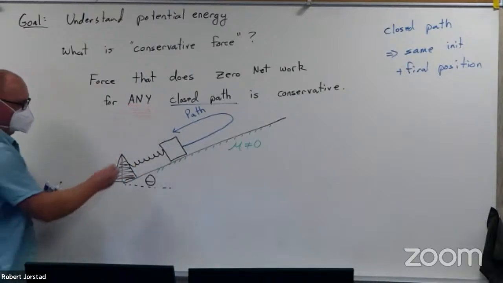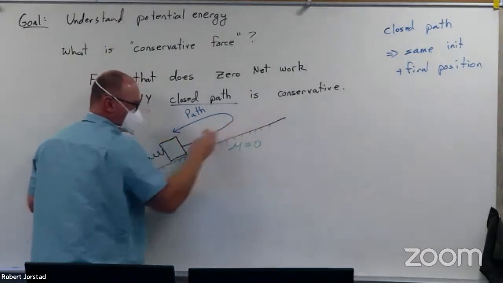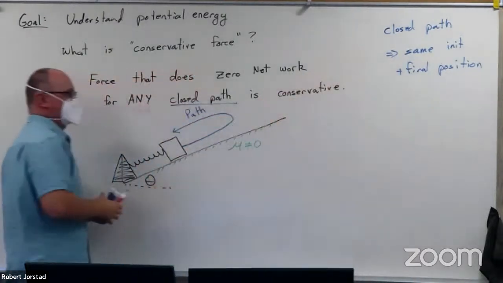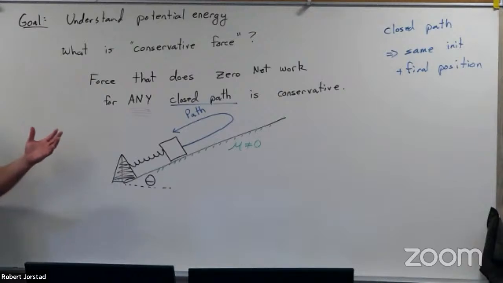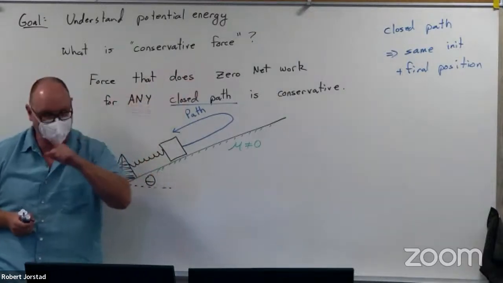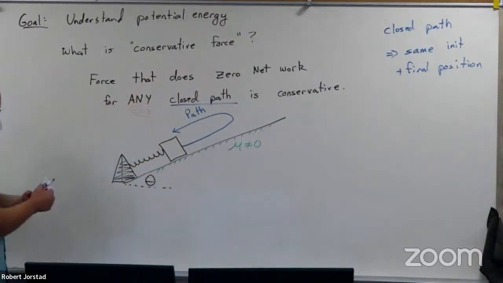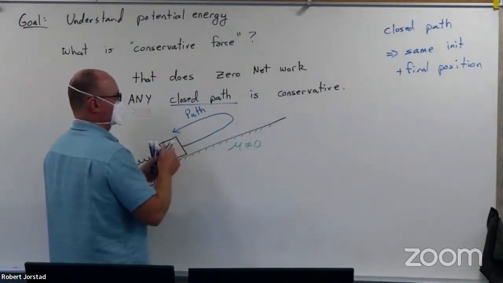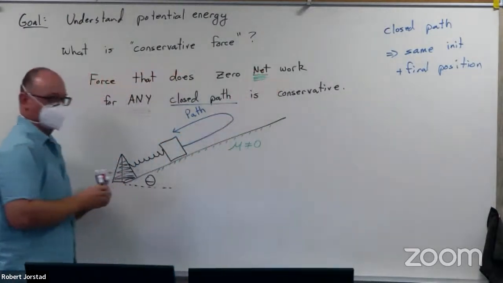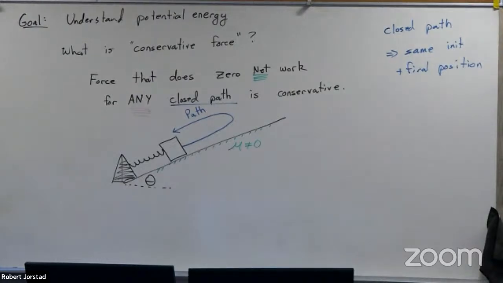So that means I could go up this far or that far or really, really far. Any possible closed path has to do 0 net work. So notice, gotta get that word underlined too. Now, what's important to hear is only the result of this, not this discussion. So hang in there.